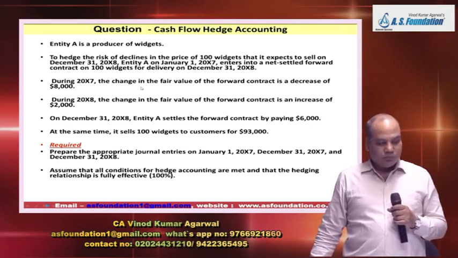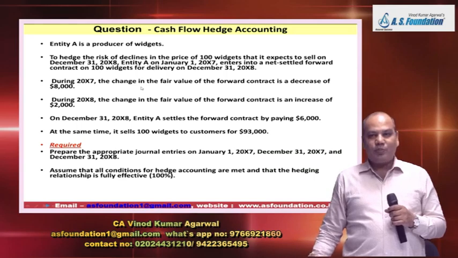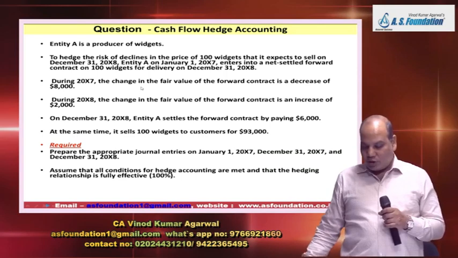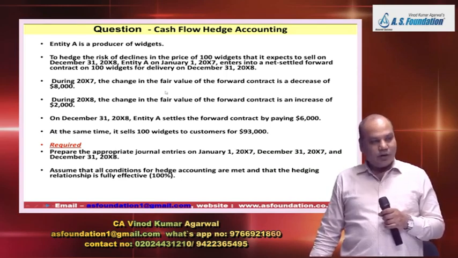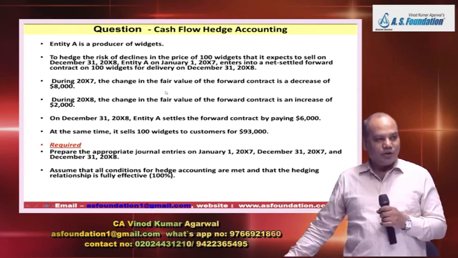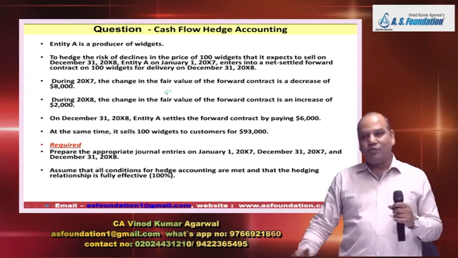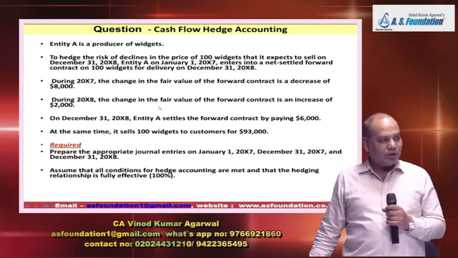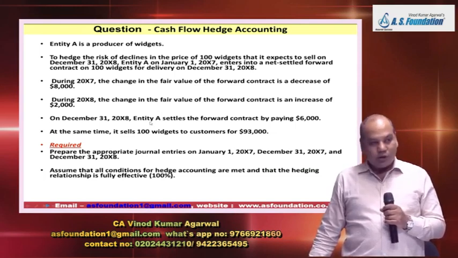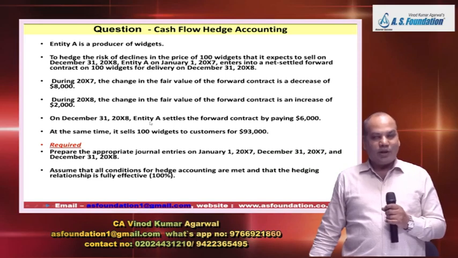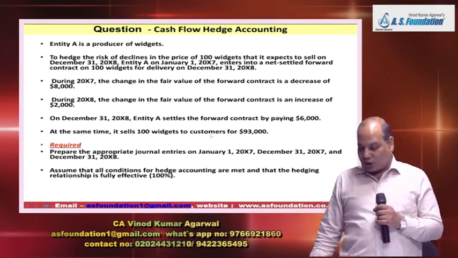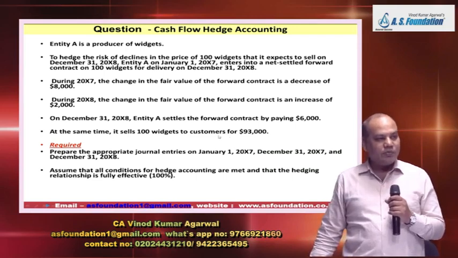It is a potential loss, so it is a liability. Any name you can give: cash flow hedge reserve account debit to financial liability, derivative liability, forward contract. Same entry here, but reversed because there is a gain. And then you settle the forward contract. But the cash flow hedge reserve account will have a balance of 6,000, which we will adjust when we recognize the sale of 93,000.